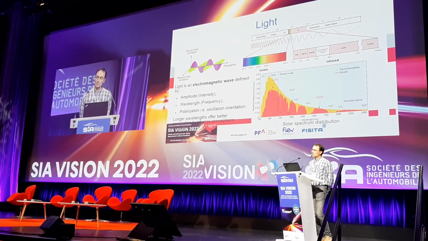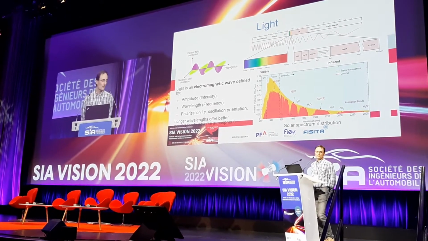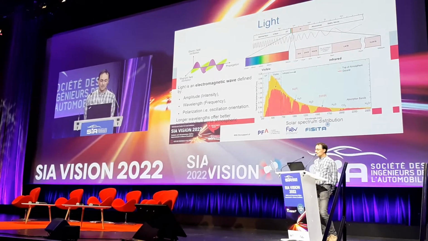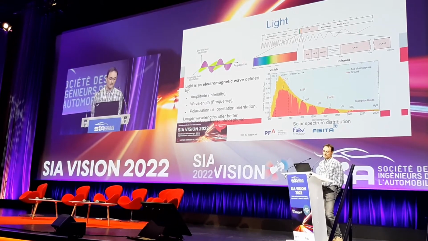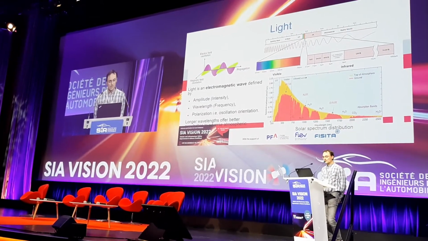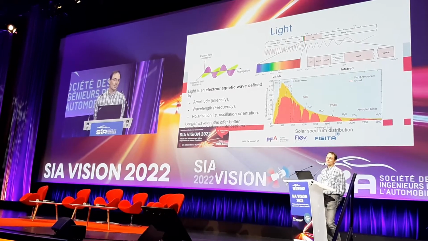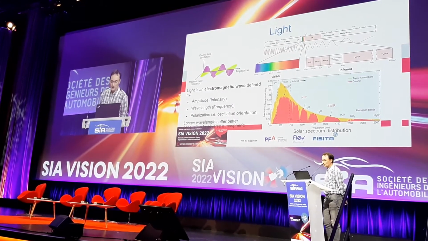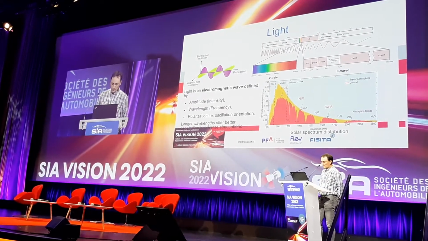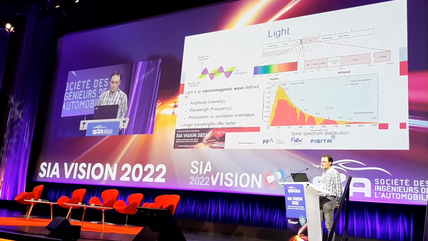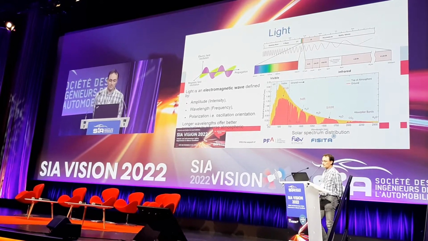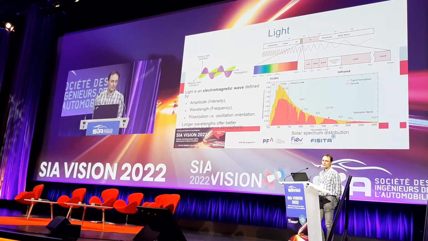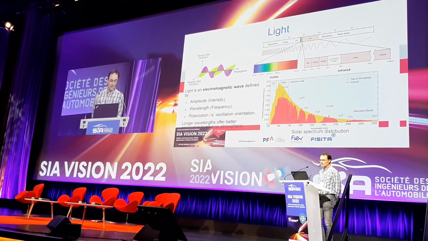And so when we speak about adverse weather, it can be rain or fog. An important characteristic is that the longer the wavelengths, the better they penetrate the atmospheric fog, for example. Here we also have the full electromagnetic spectrum at the top, and the visible light is only a small part of it, from 400 to 700 nanometers.